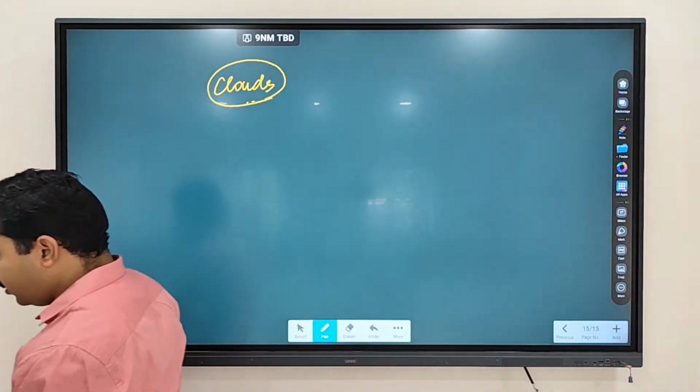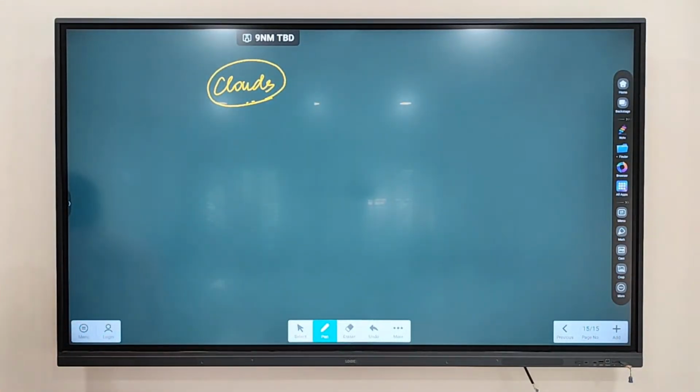Fine. What is a cloud? How do you define this term? Condensed water vapor. Yes. Any other definition you can give? A huge body which contains water in the atmosphere. Fine.